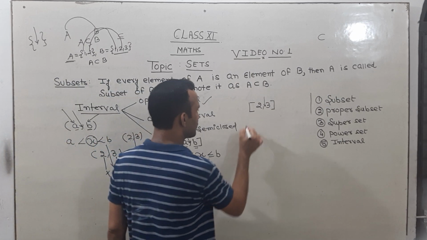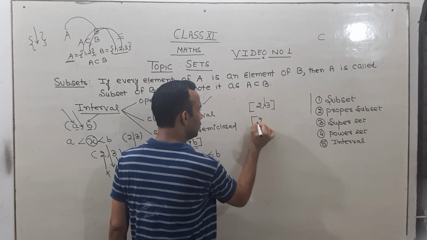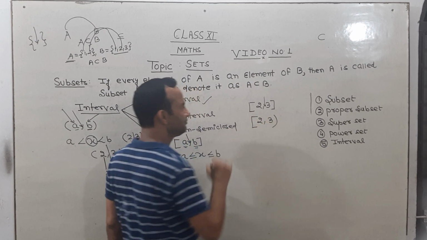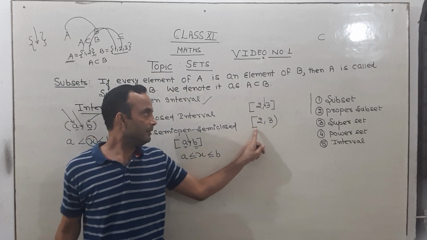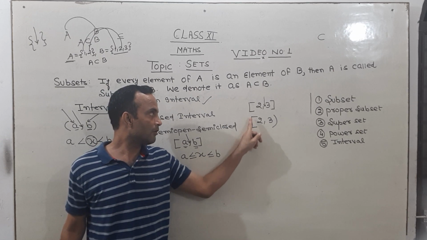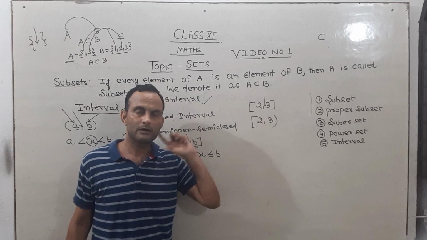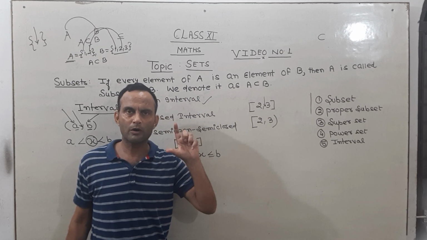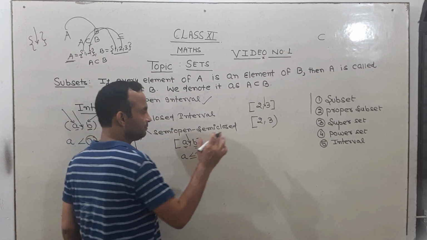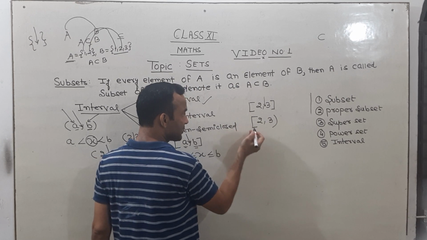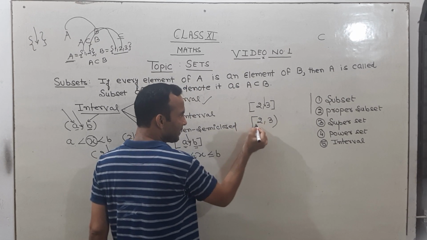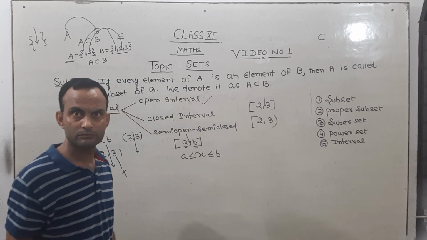Semi-open, semi-closed. Let us suppose this one, [2, 3). Here you can see, the big bracket is the symbol of closed interval. The small bracket symbol is used for open interval. So the explanation is: with 2 it is a closed interval, so the answer can be 2.